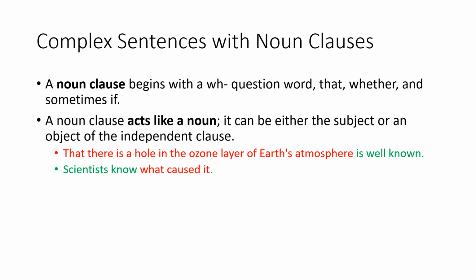So that there is a hole in the ozone layer of Earth's atmosphere is my noun clause, and here it acts as the subject of the sentence. The second example is scientists know what caused it. So what caused it is a noun clause that acts like an object.